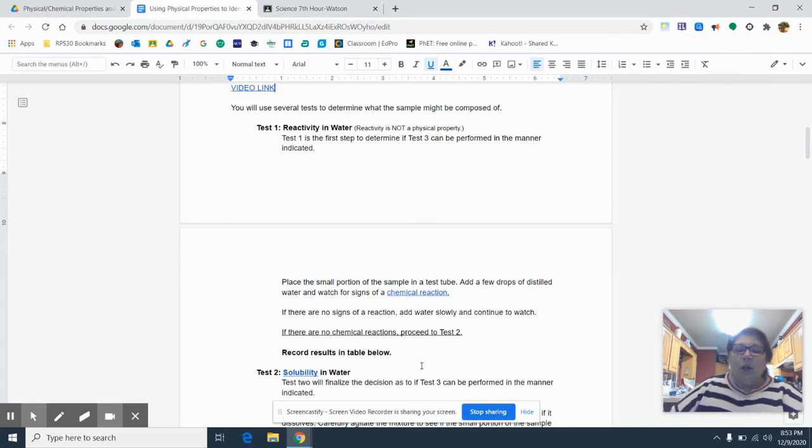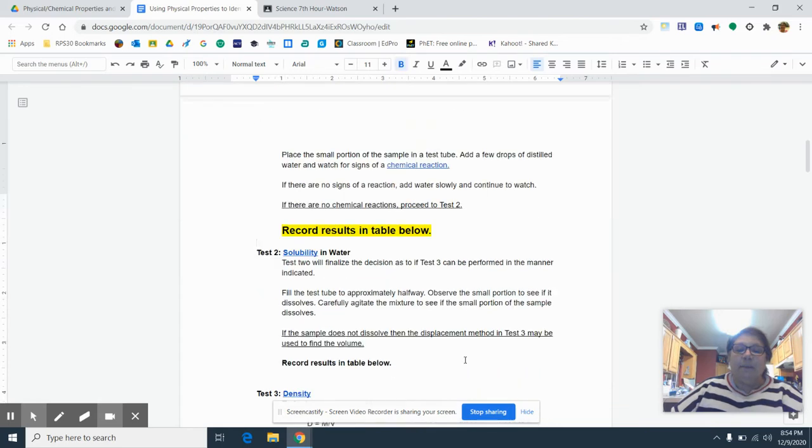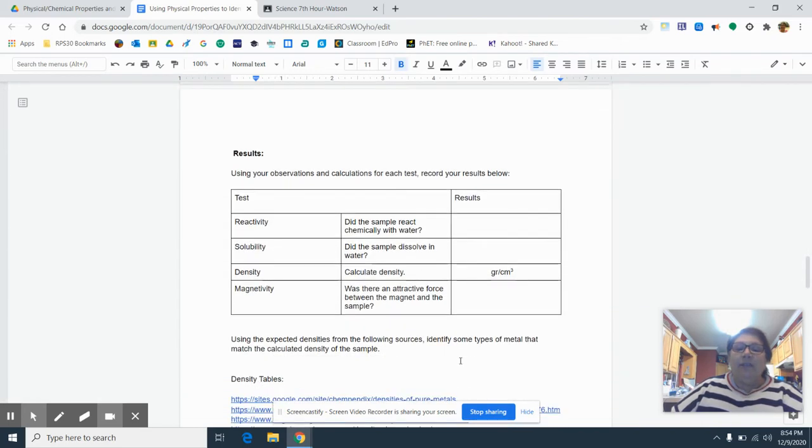And it says record results in table below. I'm going to highlight that and make it big so you guys can see it. The table is way down at the bottom. You're either going to put a yes or a no, or you can add as much information as you want.